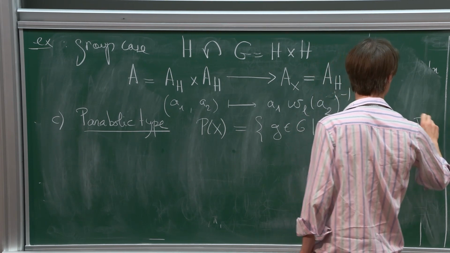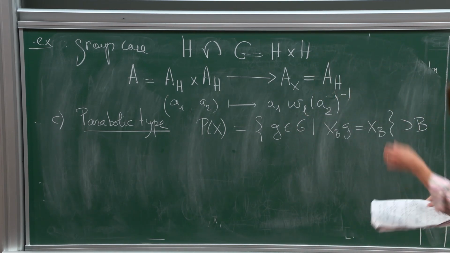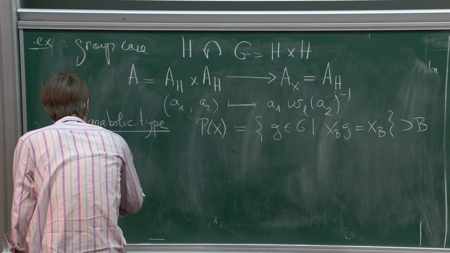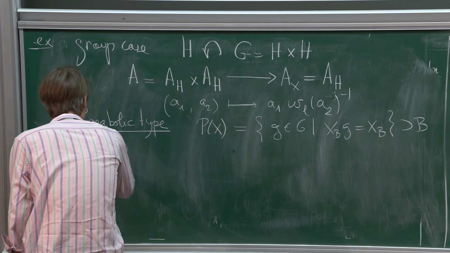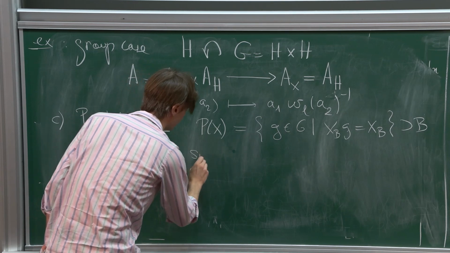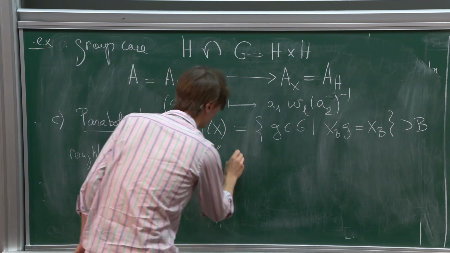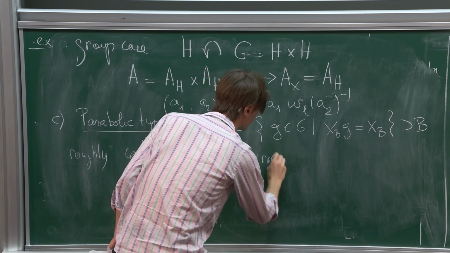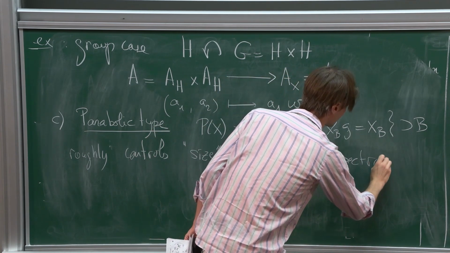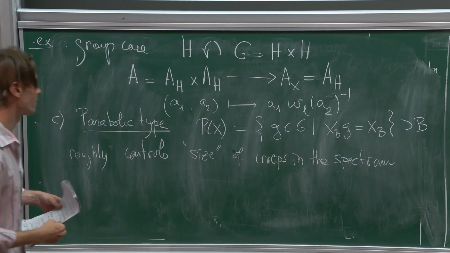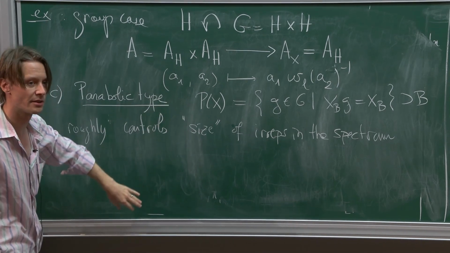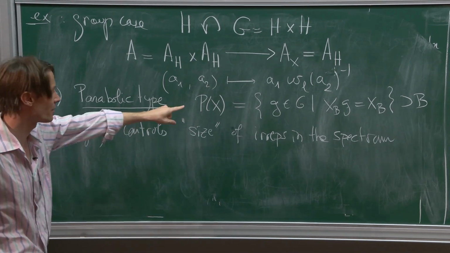So it contains B, it's a parabolic subgroup, and very roughly, but we'll explain more tomorrow, it controls the size of irreducible representations in the spectrum. But for the moment, let's just say that the bigger H, the bigger P_X. So the smaller X, the bigger P_X is.